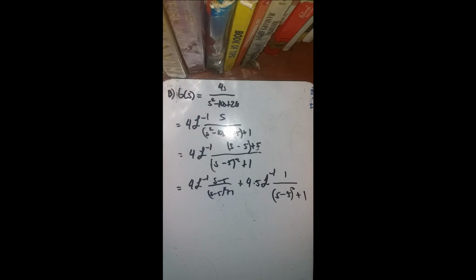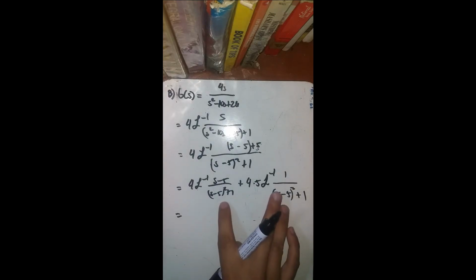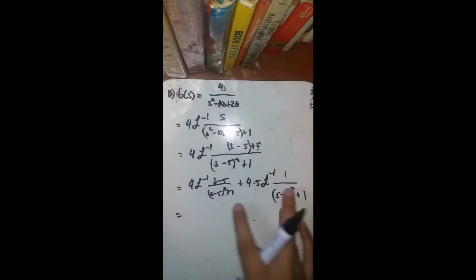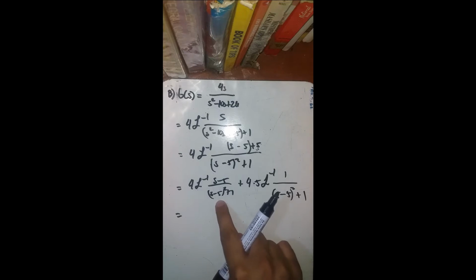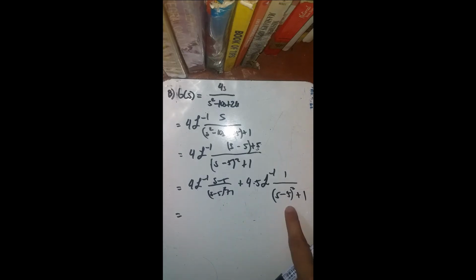Okay, now we notice that we have a shifting, both of these, of 5. So this will become your e raised to 5t, and what's left here is s squared plus 1. Okay, meaning your b here is just 1, so this will become your sine t.